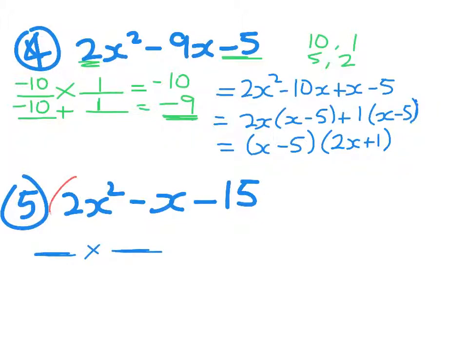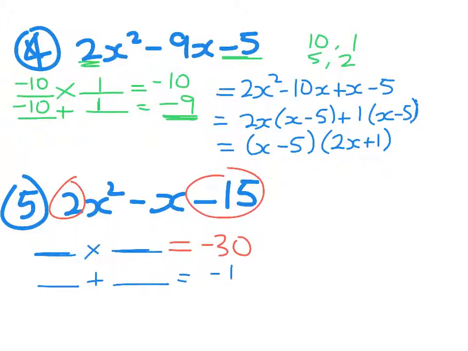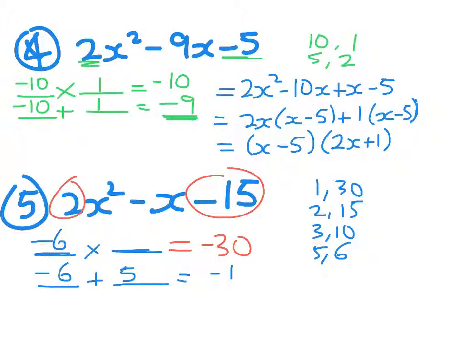Right, the numbers must multiply together to give me negative 30, and they must add together to give me negative 1. Again, it's a pretty easy one thinking about factors of 30. 1 and 30, 2 and 15, 3 and 10. You probably won't even have to do this. And then we get to 5 and 6, and that's where it's going to be. We're going to have negative 6 plus 5, negative 6 times 5.